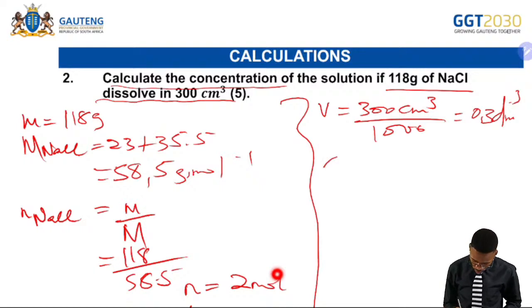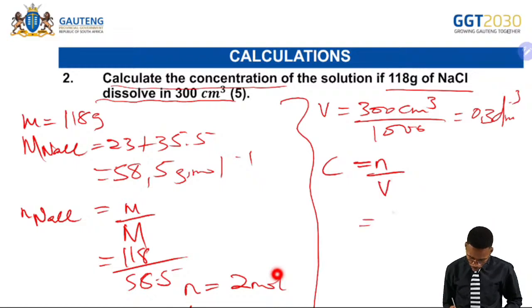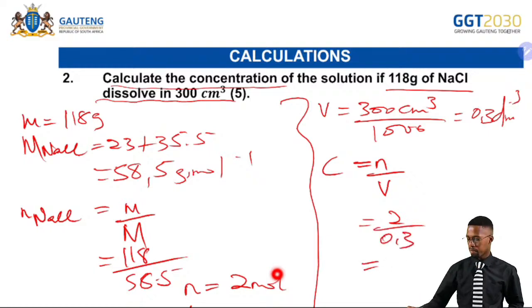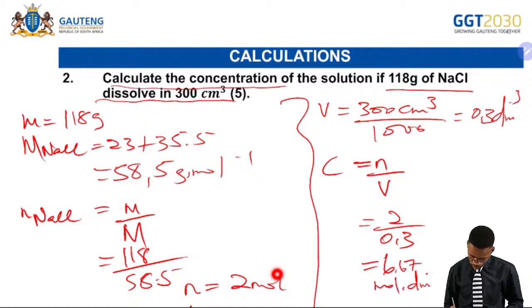So concentration is equal to number of moles divided by volume. Our number of moles is 2, our volume is 0.3. And what's going to be your answer? 2 divided by 0.3, we are going to get 6.67 mole per decimeter cube.